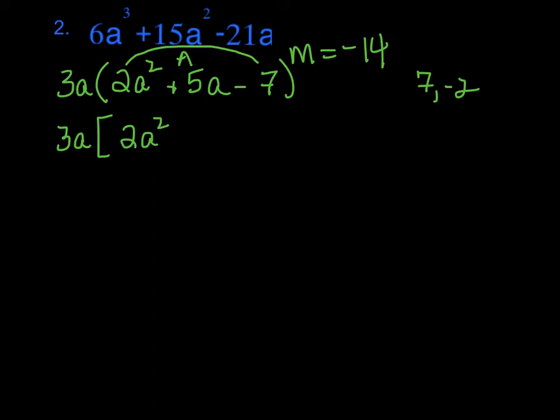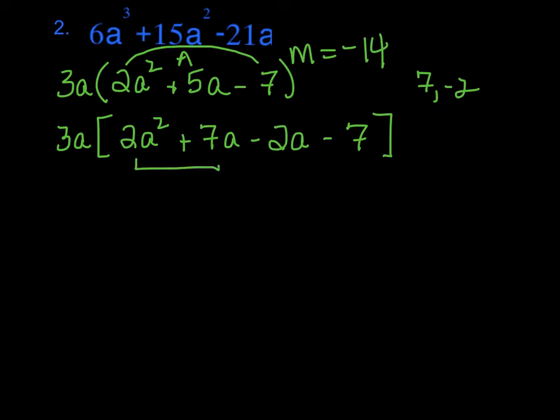I'm going to shoot over to here. I'm going to look at these numbers here, and I want them to add to a positive 5, but I, of course, need that a with it. So I'm going to write plus 7a and minus 2a. Doesn't matter what order you put those in. I could have said minus 2a and a positive 7a. Doesn't matter. And then we bring down the last term.